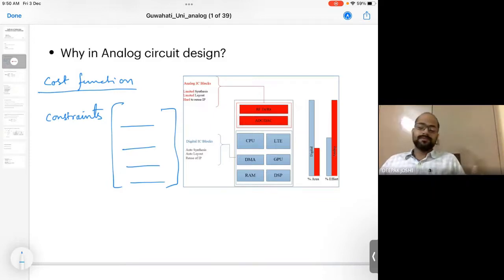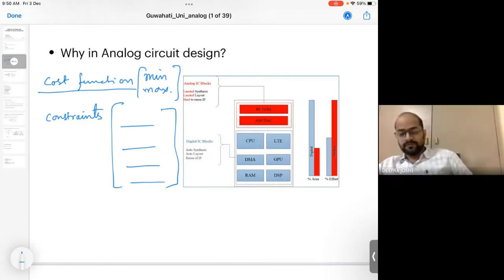So this is a mathematical problem, and we have to either minimize or maximize it, isn't it? This is the most basic general format used by optimization algorithms, and now we have to represent our analog circuit in this form so that we can solve it.